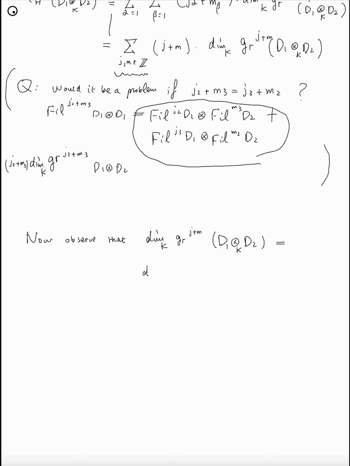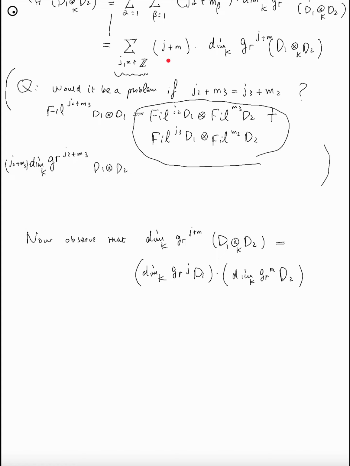equals the dimension of the graded piece J of D1 times the dimension over K of the graded piece M of D2. If we want to use this formula, then of course we have to compute it twice, and it doesn't matter.